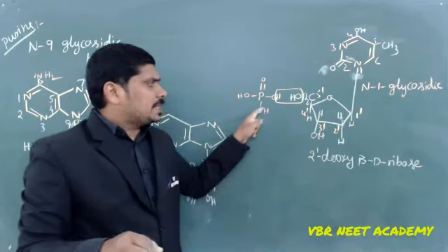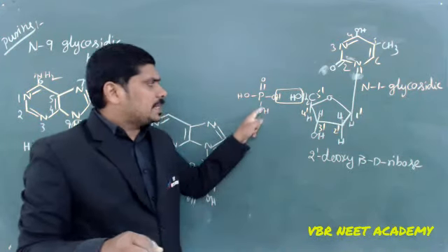We have the N9 glycosidic bond, the 5' phosphoester bond, and the anhydride bond. These are the bonds present in one nucleoside triphosphate. ATP, adenosine triphosphate, is the best example, which has all these bonds.